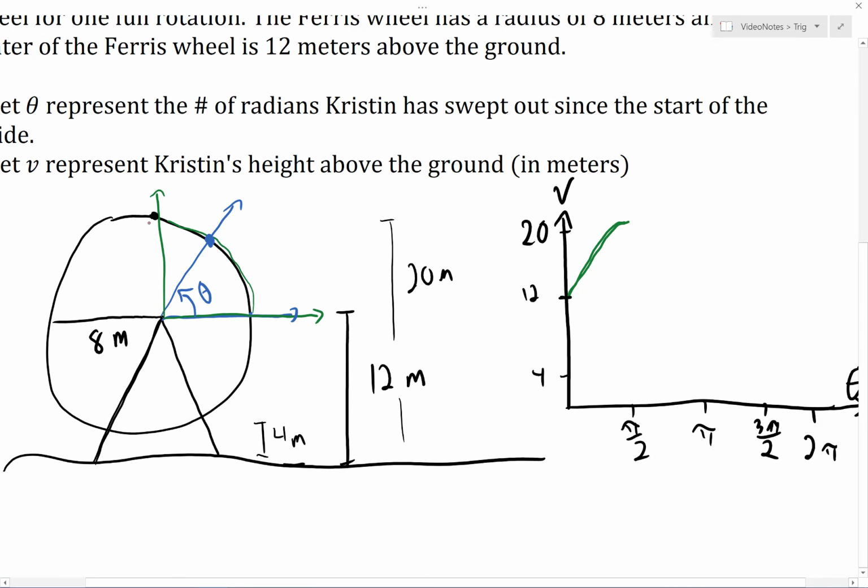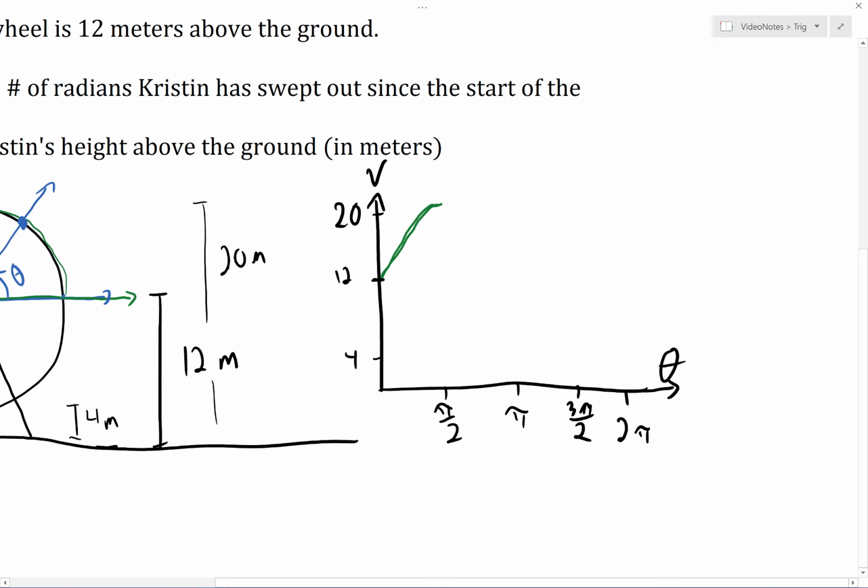Then, as theta increases from pi over 2 to pi, Kristen travels along that arc. Her initial height above the ground is 20 meters, and then it decreases back down to 12 meters. So on our graph, as theta increases from pi over 2 to pi, v decreases from 20 back down to 12.